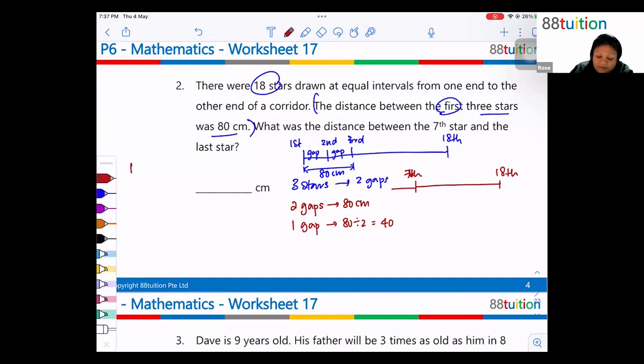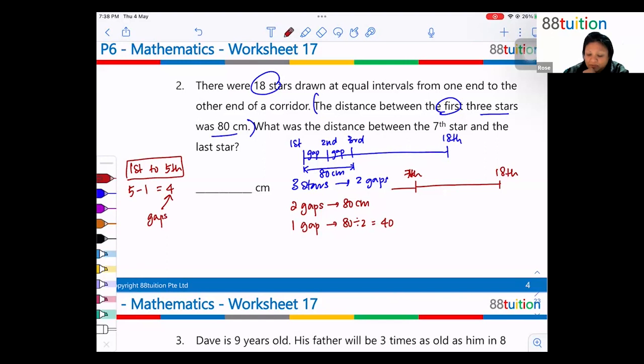If I take from the 1st to the 5th star, there are 5 stars. If I take 5 minus 1, I only have 4, which gives me the number of gaps between the first and fifth star.